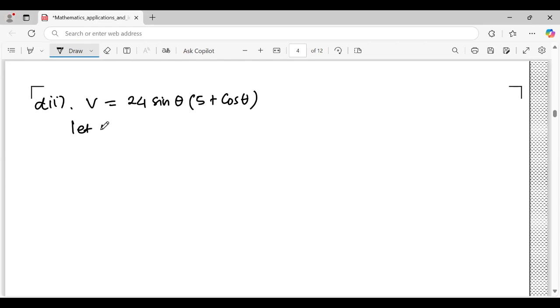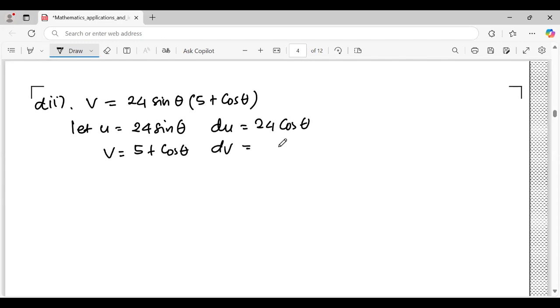Let u equal 24 sine theta. It means du is 24 cosine theta. And v is 5 plus cosine theta, dv is minus sine theta.